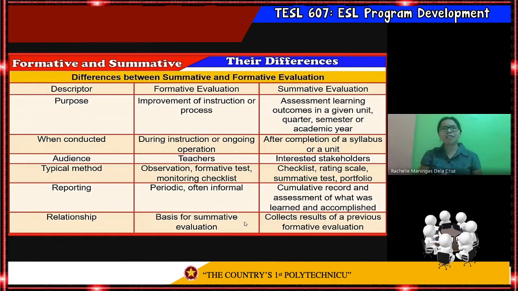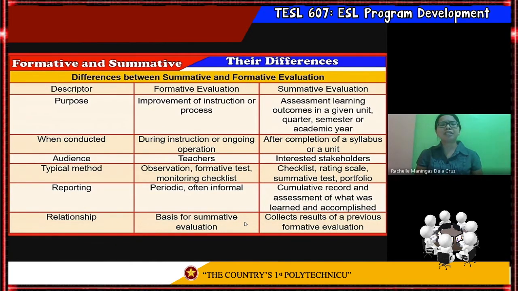Then, when conducted, as I have mentioned earlier, formative evaluation is conducted during instruction or ongoing operation, while summative is after completion of the program. The audience for formative evaluation are the teachers, while for summative evaluation are the interested stakeholders.